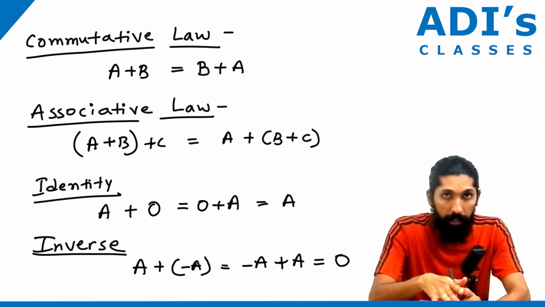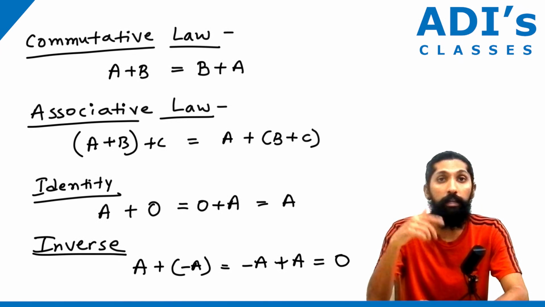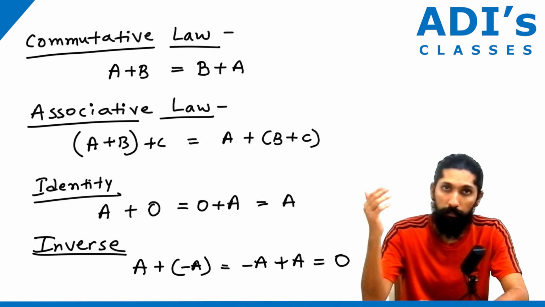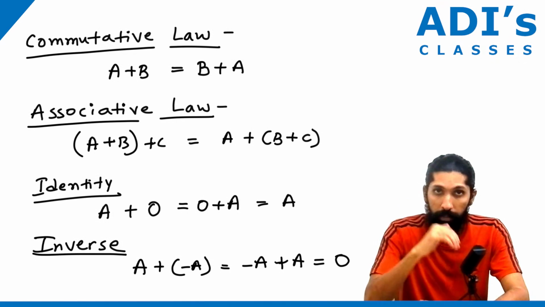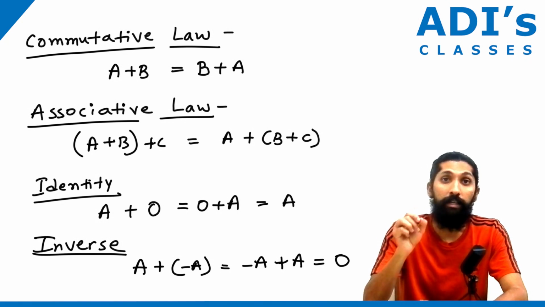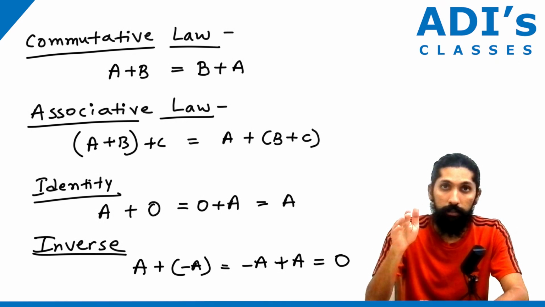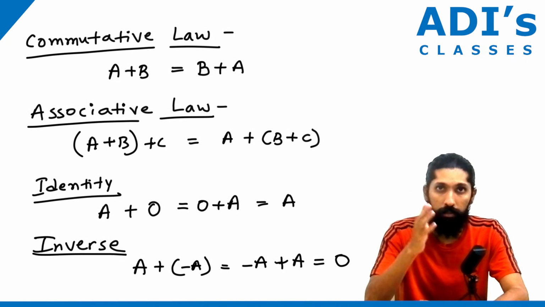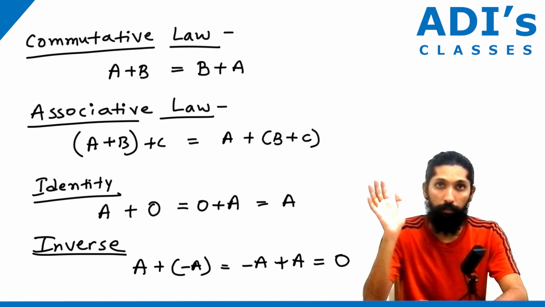So for any matrix A, there exists another identity and inverse. Both of them will exist, which can be proved in some of the examples and problems later on. For any matrix A, there exists an inverse, what we call the negative of matrix A, which when you add to the given matrix gives you a null matrix, the additive identity, which is 0.